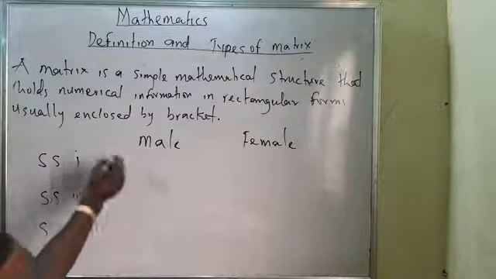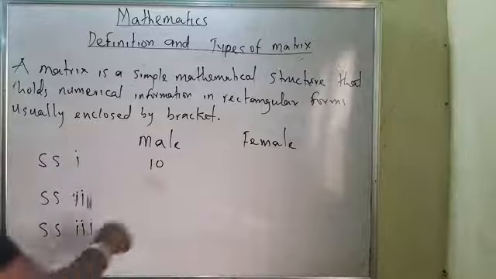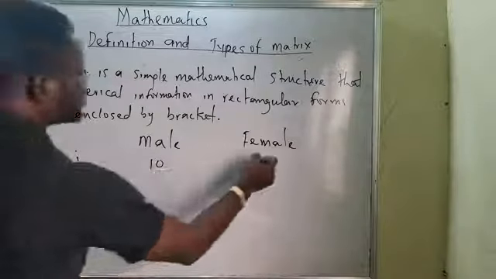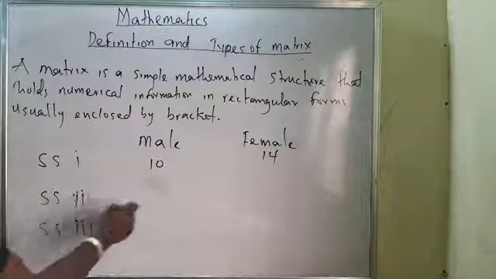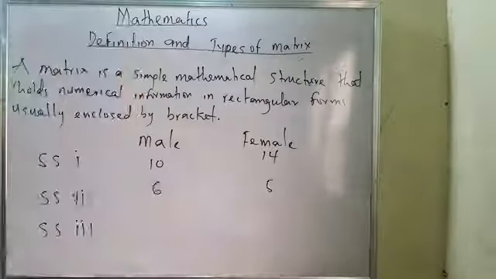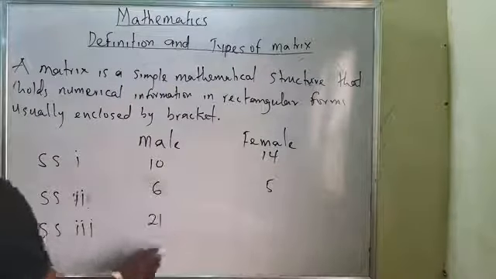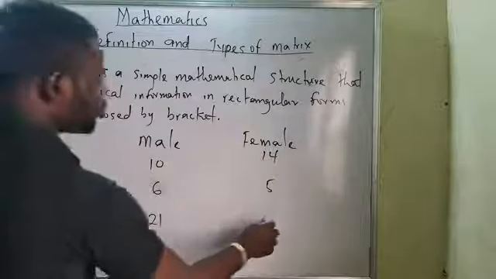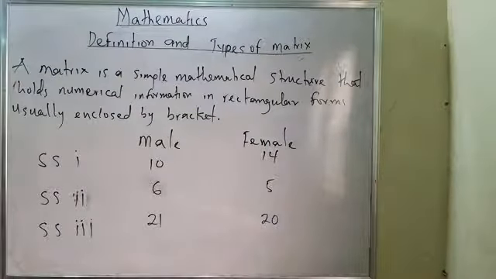Now, if I have 10 males in SS1 and 14 females, in SS2 I have 6 males and 5 females, and in SS3 I have 21 males and 20 females.